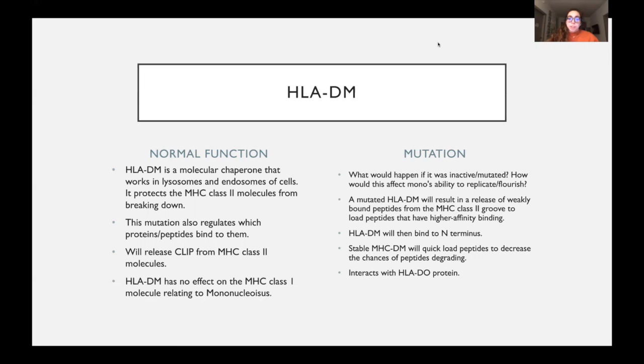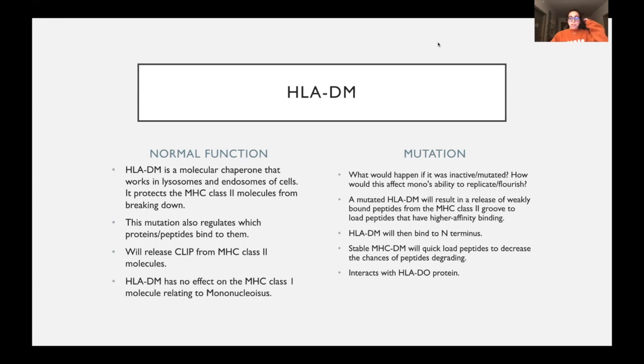While the mutation itself, basically what happens when it is mutated, it will result in release of a weakly bound peptide from the MHC class 2 group, and this will then load the peptides that have the higher affinity binding.